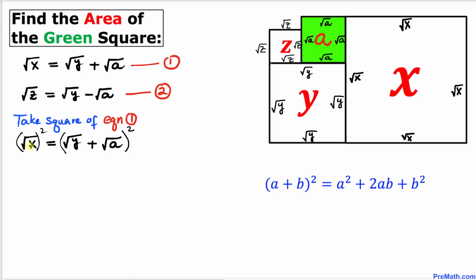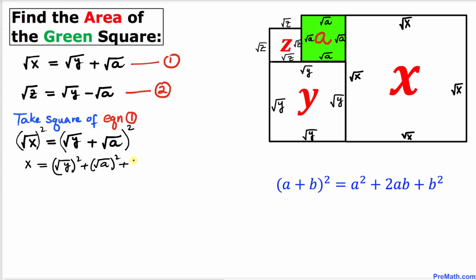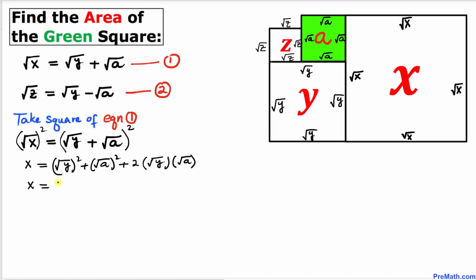So the left hand side is simply x, equal to square root of y squared plus square root of a squared plus 2 times square root of y times square root of a. And now we are going to simplify further. x turns out to be equal to y plus a plus 2 times square root of y times a. And let me call this equation number 3.